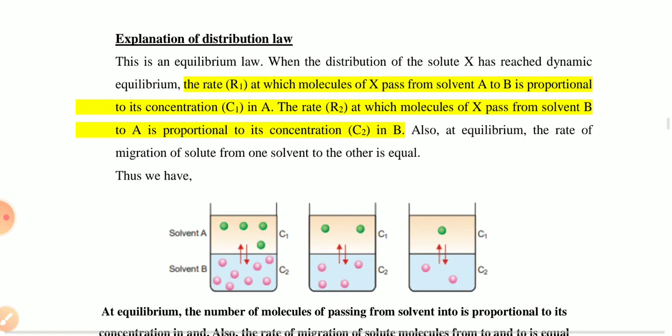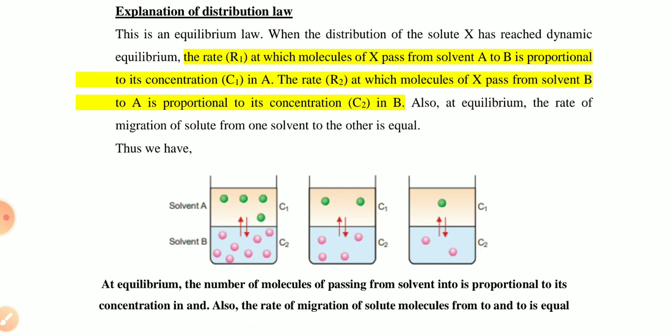Now it can also be explained by an experimental setup, like the two solutions which are immiscible. You can see in this jar the solute X added to this dynamic equilibrium. Now what happens?